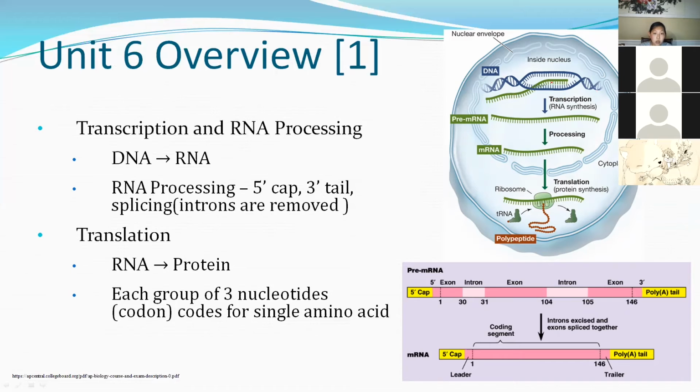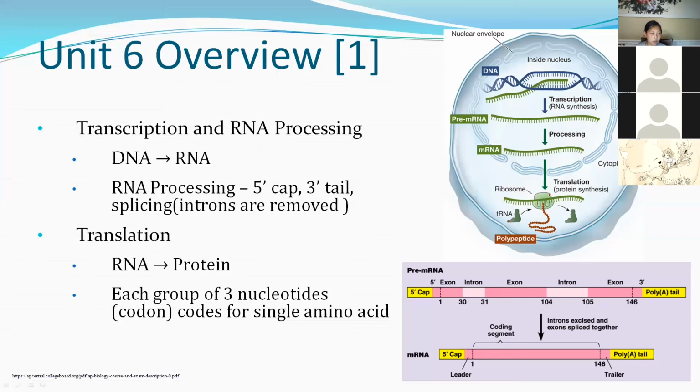So after the RNA has been transcribed, it has to be processed. During this processing, a 5' cap is added, a 3' cap is added, and then splicing occurs, which is just that introns are removed. Introns are unnecessary parts of the RNA that won't be needed during the next step.